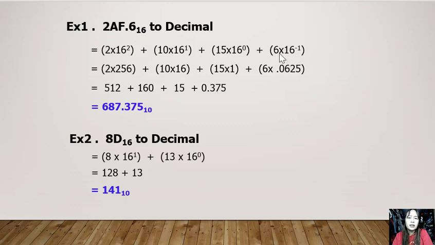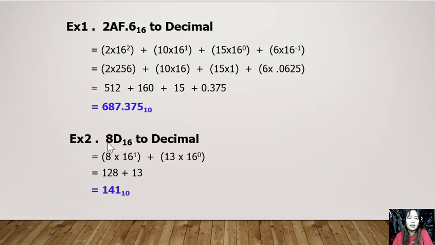So that would be 16 to the power of negative 1 is 0.0625. Multiply that by 6, that will be 0.375. We add up all the numbers together, 512 plus 160 plus 15 plus 0.375, and that will give you 687.375 in decimal form.